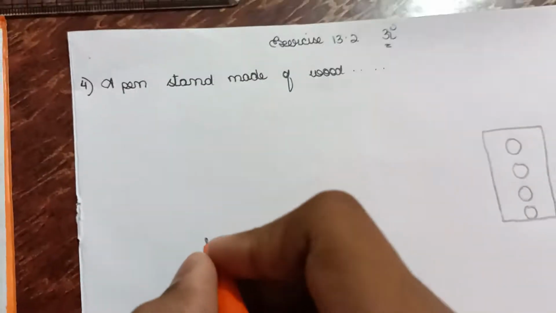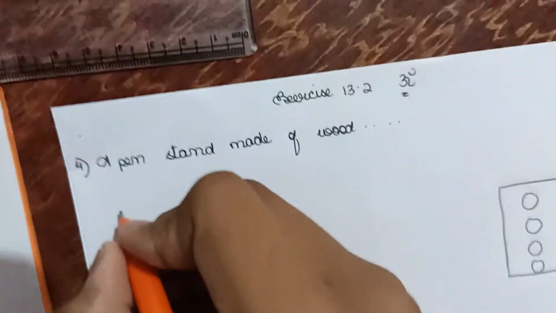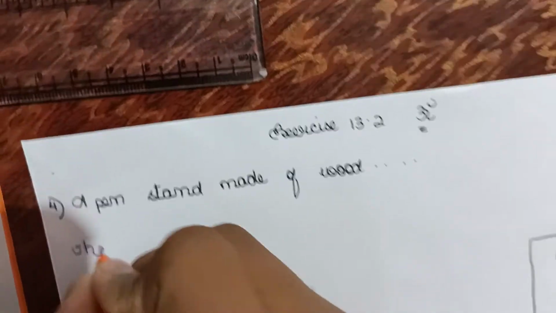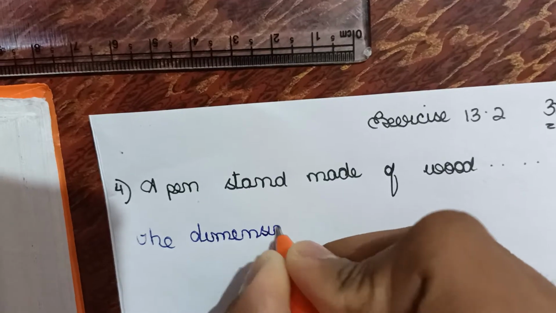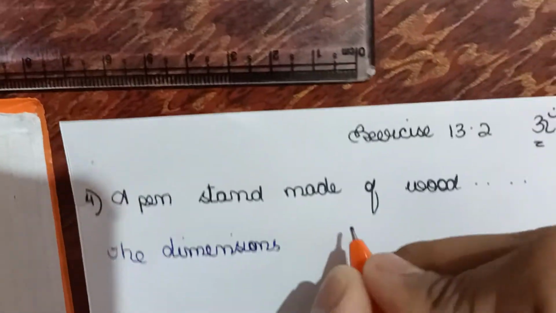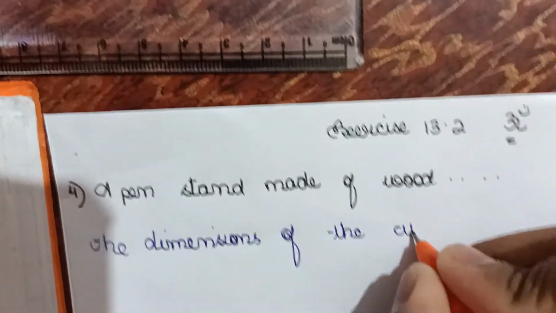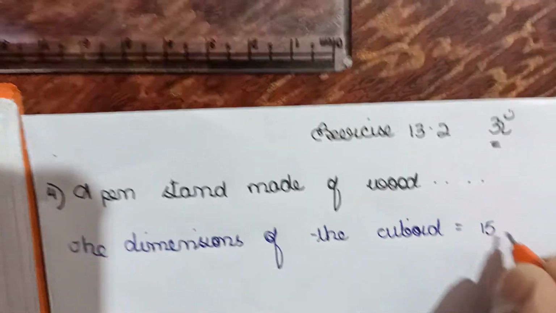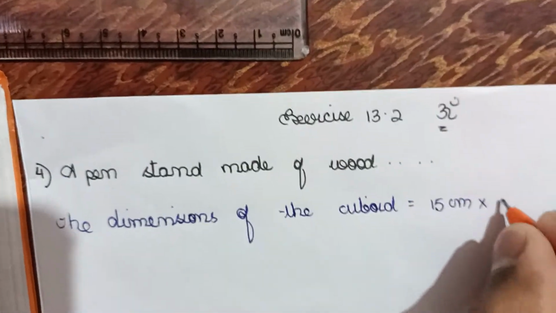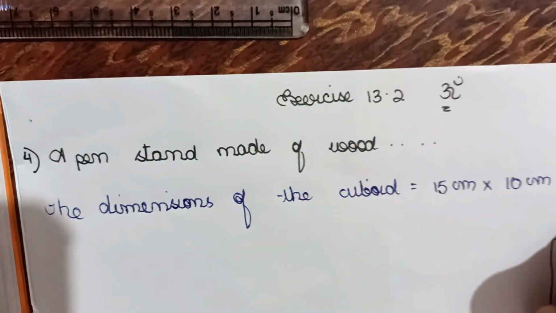Given that the dimensions of the cuboid are 15 centimeters by 10 centimeters by 3.5 centimeters. So let's write the dimensions of the cuboid is equal to 15 centimeters by 10 centimeters by 3.5 centimeters.